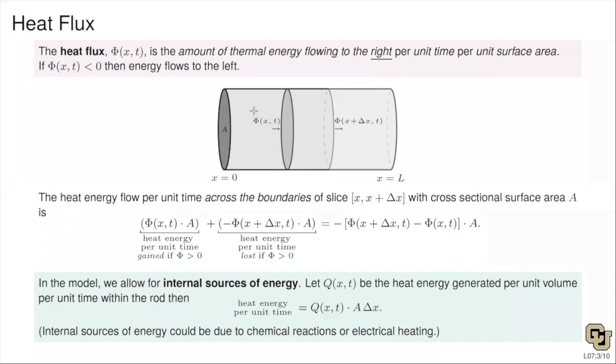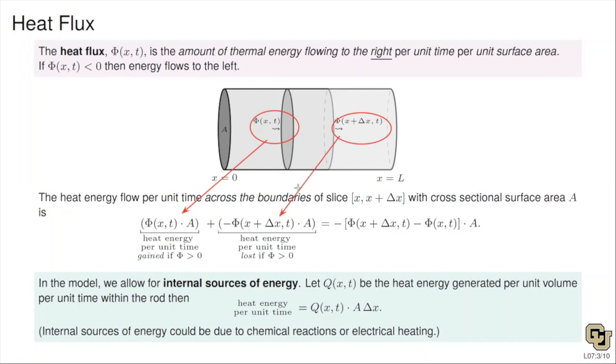So now we want to talk about if heat is coming in, it would come in through the ends here. And so we calculate at the left, this is the amount of heat energy entering per unit time. And here on the right side, this is the amount of heat energy leaving per unit time.